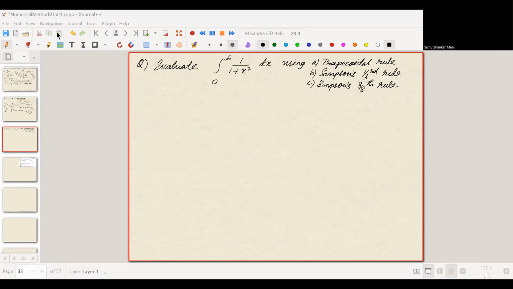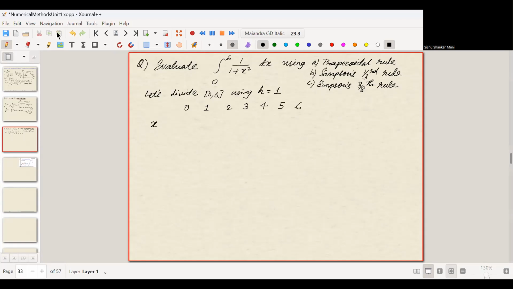So given this problem, let us divide our interval 0 to 6, maybe using h equals 1. That means it is 0, then 1, 2, 3, 4, 5, and 6. So there are 7 points.